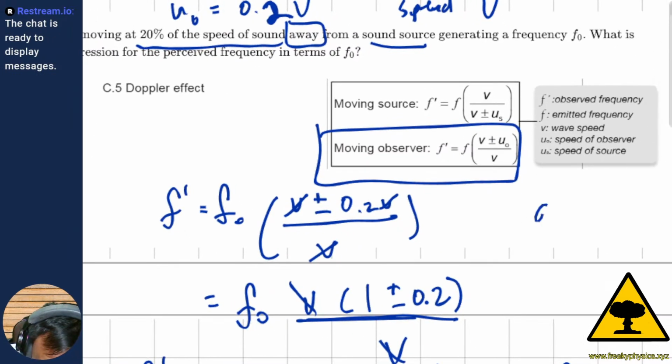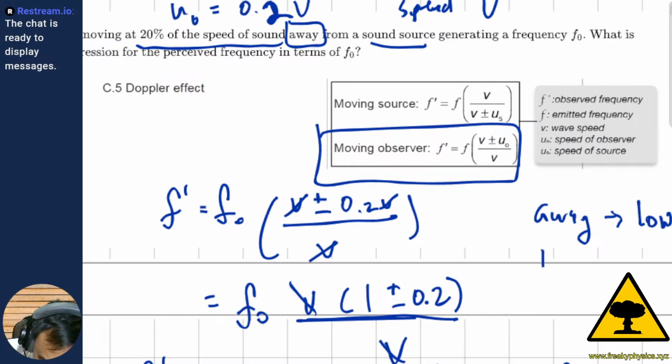You have heard a really fast car drive past you. It's always high-pitched first and then low-pitched when it passes you, right? Basically, it goes meow like that. It's never the other way around. So when it's approaching you, it's always going to be high pitched, and when it's going away, it's going to be a low frequency, a low F prime.